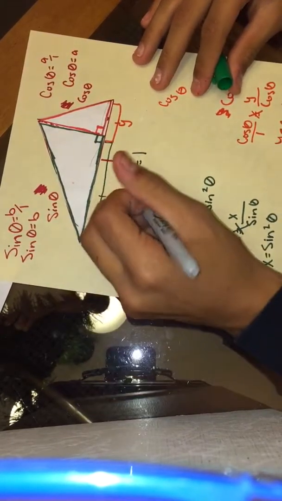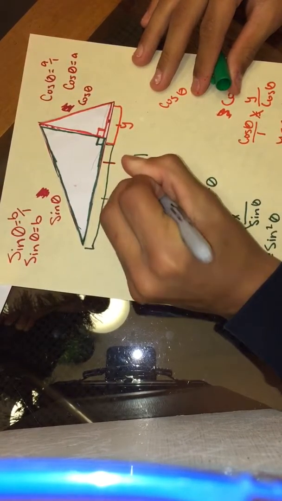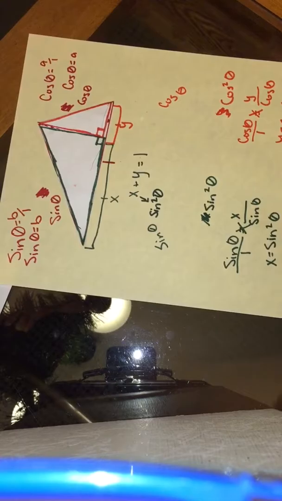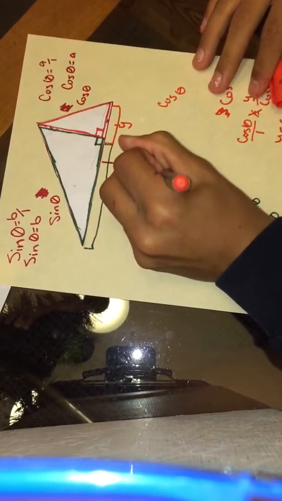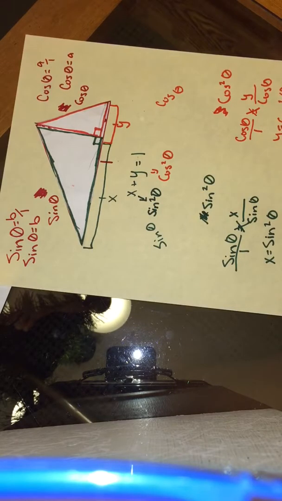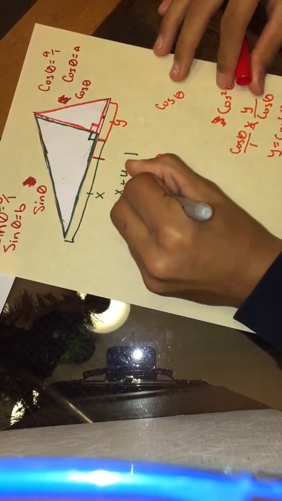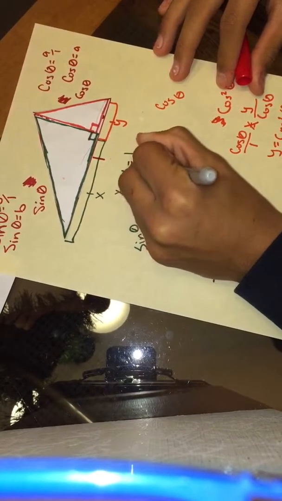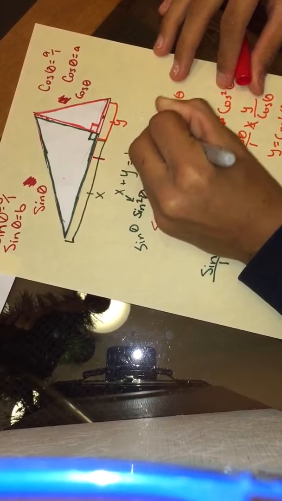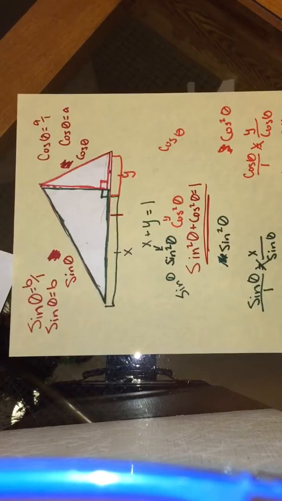So then we found out that X equals sine squared theta and Y equals cosine squared theta, which is what this is all about, that sine squared theta plus cosine squared theta equals 1, which makes this true, which now we've learned that sine squared theta plus cosine squared theta equals 1.